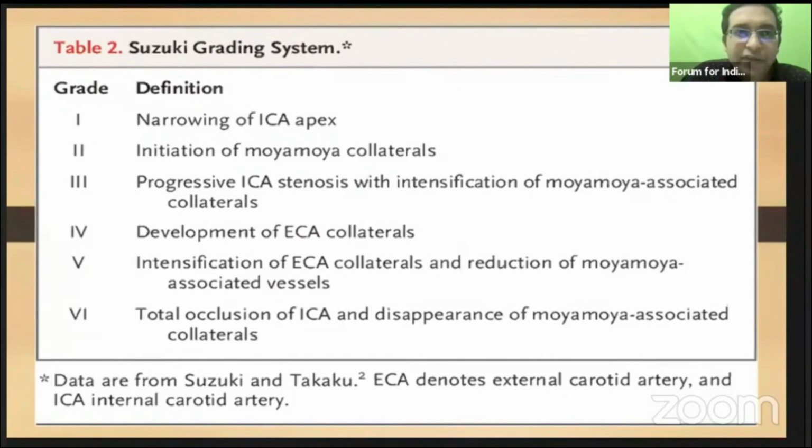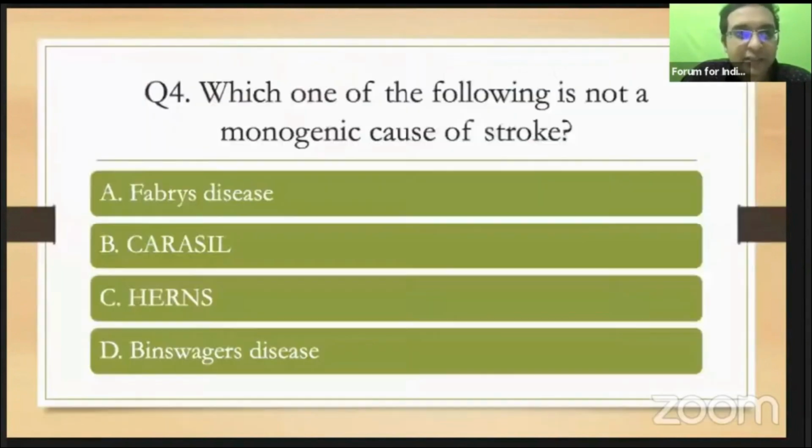First, usually we find a narrowing of the artery, that is stenosis of the internal carotid artery. It may mimic a carotid atherosclerosis. Later, because of this block, the brain tries to compensate by producing collaterals. When collaterals start to occur or try to compensate even from the external carotid vessels, we should understand that the disease has progressed much. And when there is complete absence, then it is the last stage, that is grade 6.